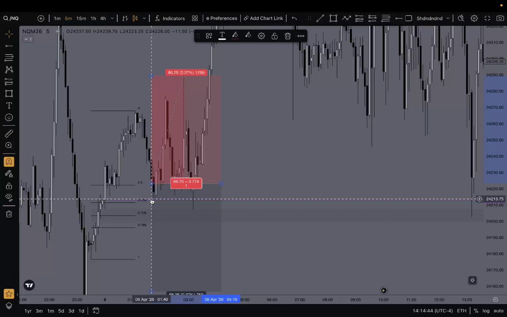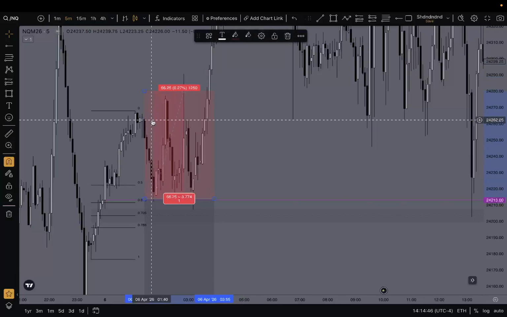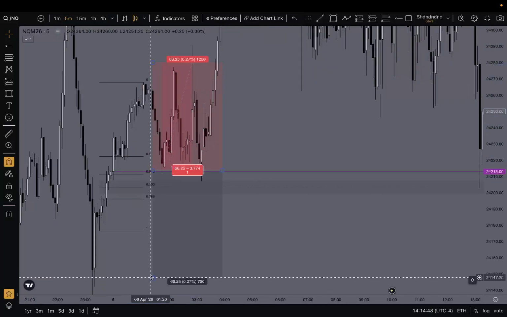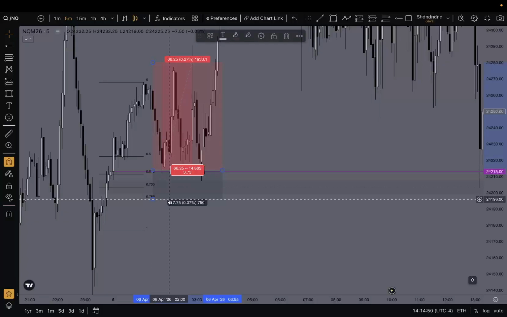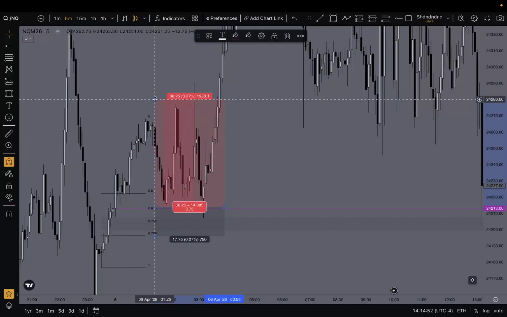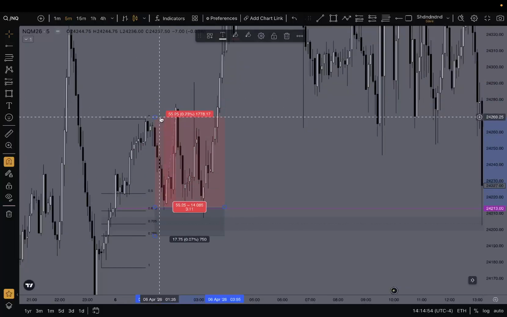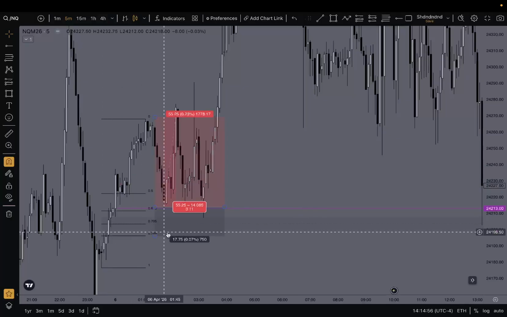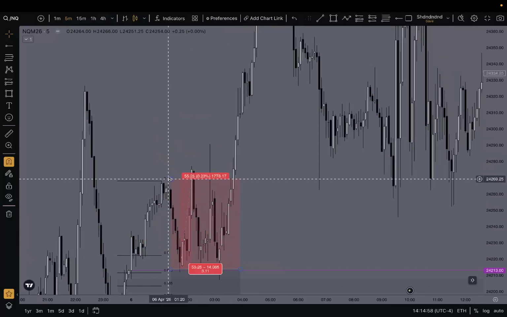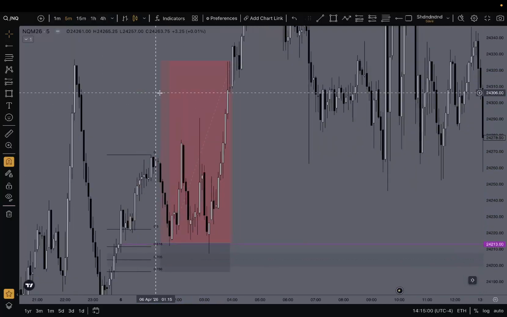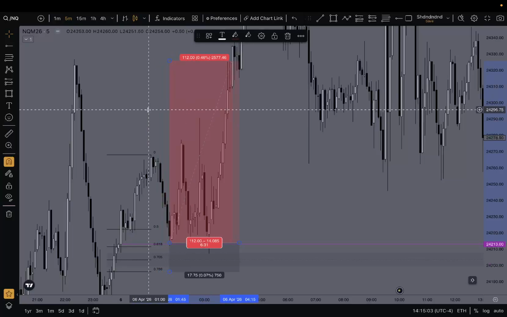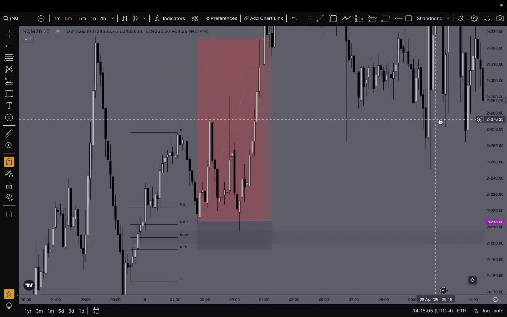You take it off the key open, not the OTE level. Let's say we have all these gaps down here, so we have our stop around maximum expansion for OTE, and then we can just target this high. Bang. There's a trade using key opens.